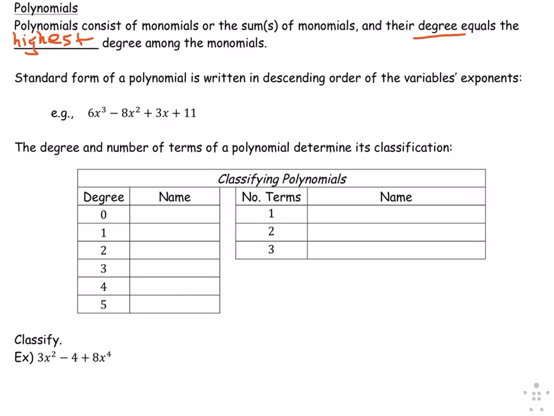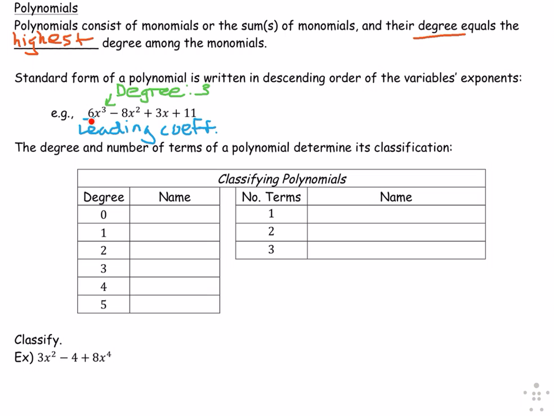The coefficient here of 6 is known as the leading coefficient. And then this power here, this 3, is the degree. As you can see, this monomial's degree is 2, then 1, then 0.